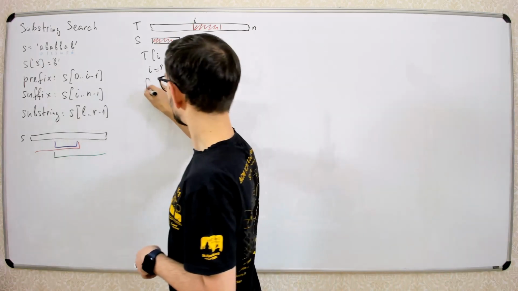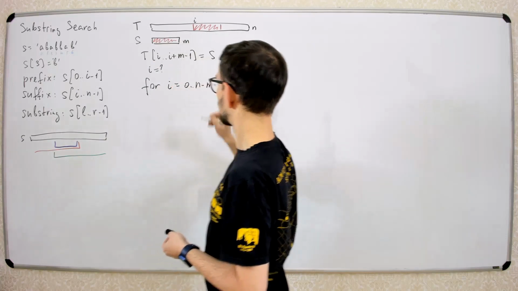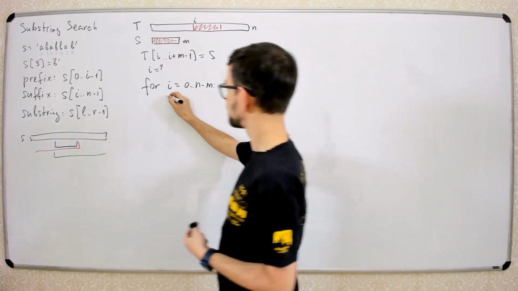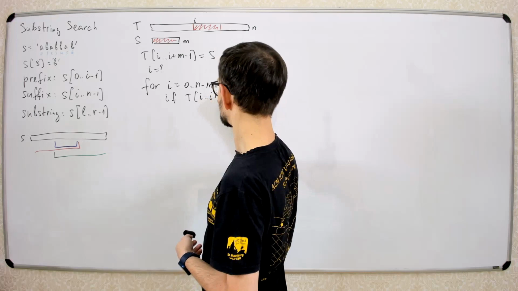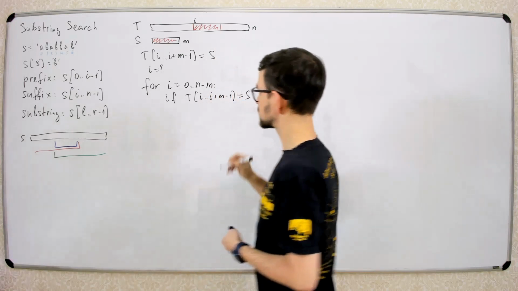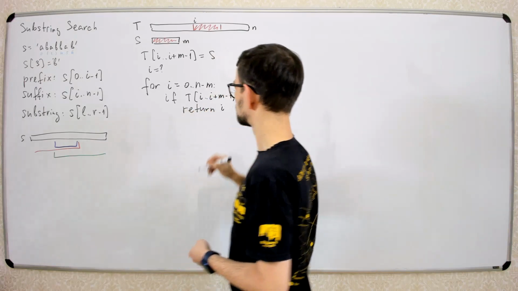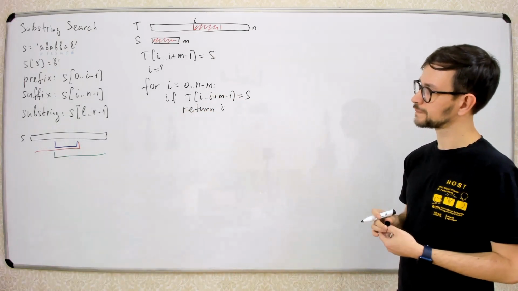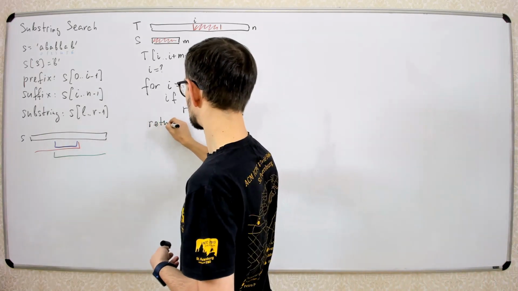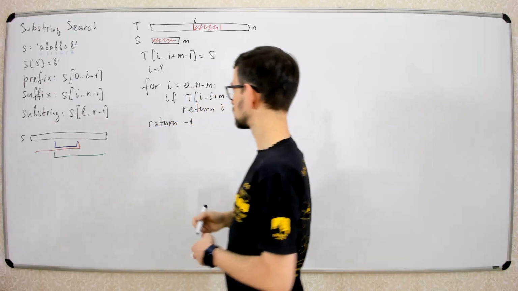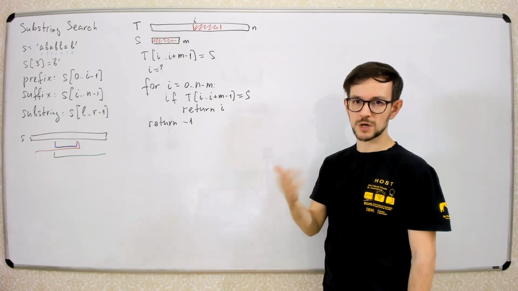So we'll iterate over all I's from 0 to n minus m, and check if the string from I to I plus m minus 1 equals s, then we simply return I. If we didn't find anything, we just return minus 1, meaning there is no substring equal to s.